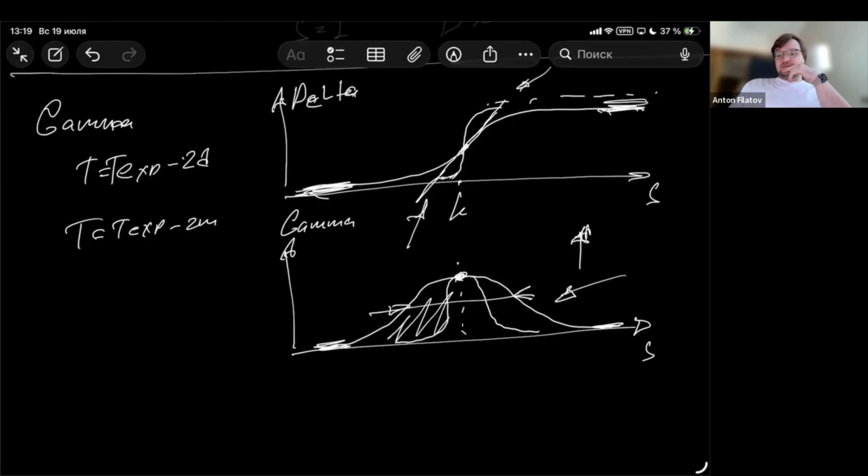Though, if you think about it, the space under the graph of gamma should be equal to the change in delta from this point to this point, because it's a derivative. If you take a graph of a derivative and take the space under it, we basically have the change in what we took a derivative of, right?